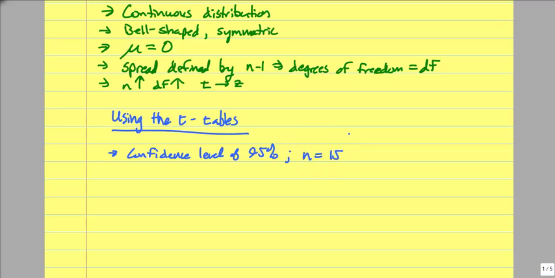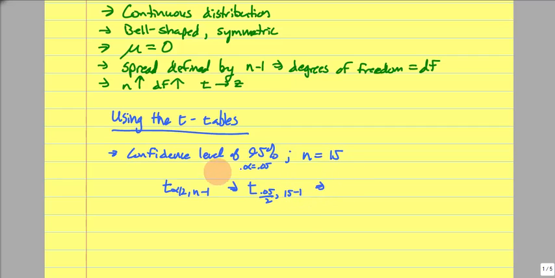We're looking for that t-score, t alpha over 2, n minus 1. Alpha in this case is equal to 0.05, or 5%. This means I'm 95% confident, and 5% willing to be incorrect. So this would be 0.05 over 2, and my degrees of freedom would be 15 minus 1.